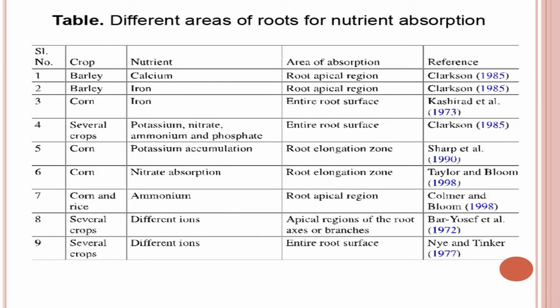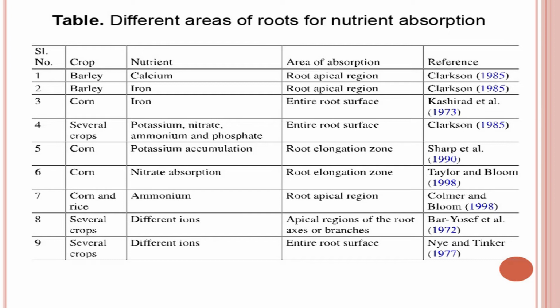For example, for corn, potassium accumulation, root elongation zone, Sharp et al. 1990. Then for corn or maize, nitrate absorption, the root elongation zone is the region where the active absorption happens, as reported by Taylor and Bloom in 1998.